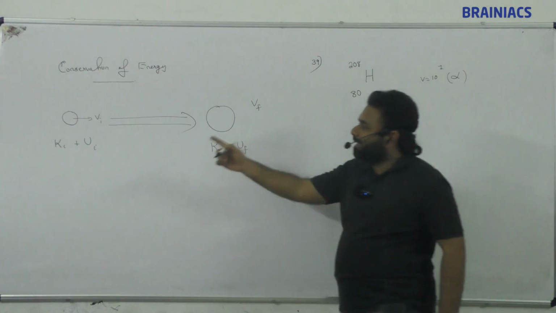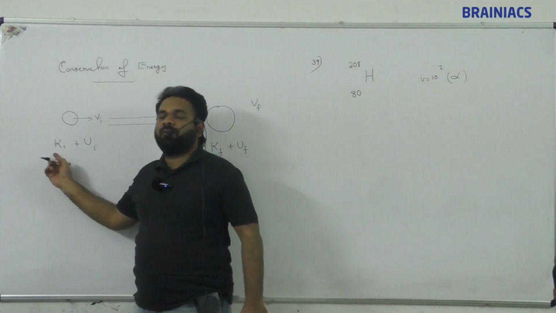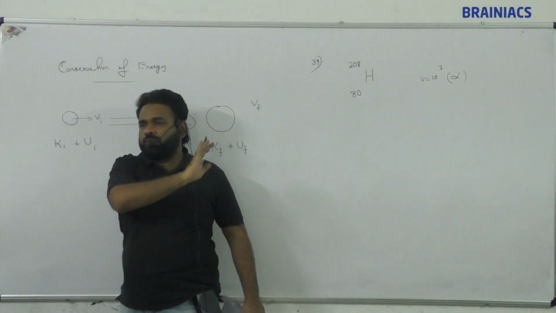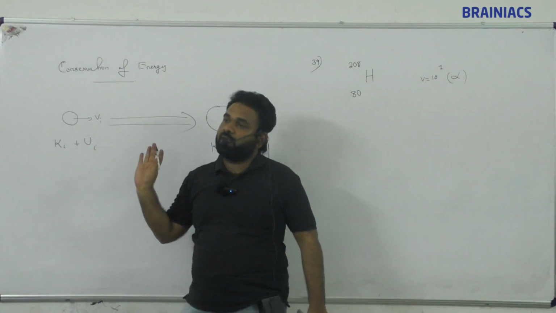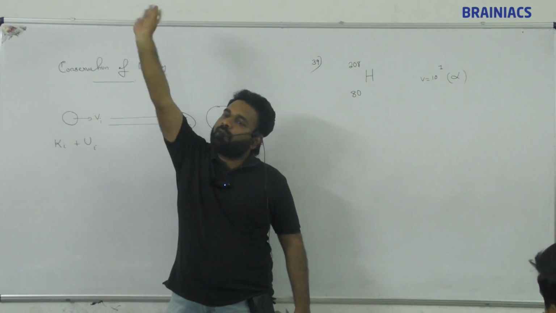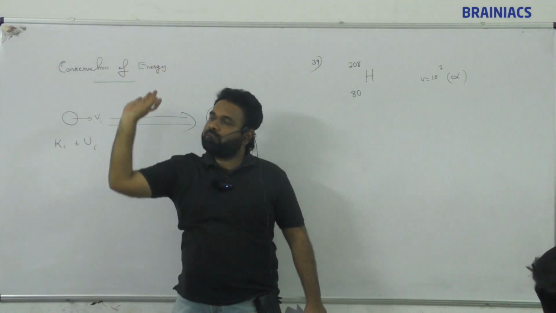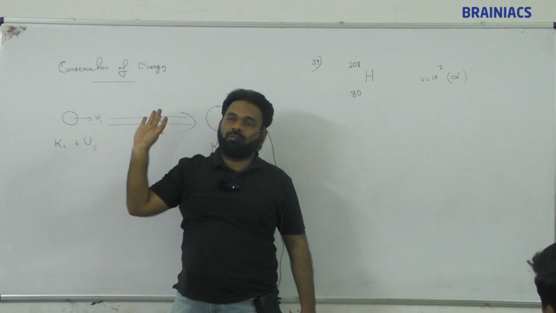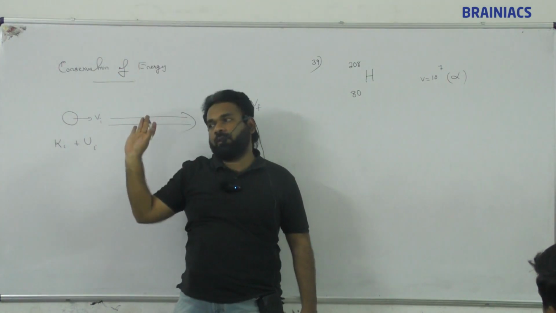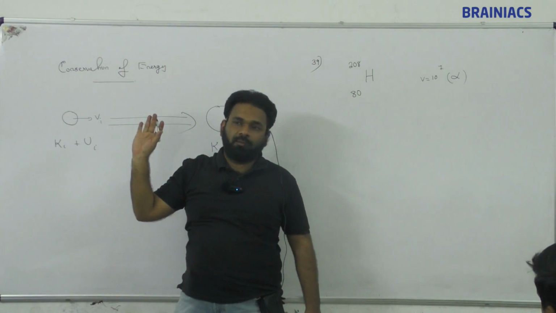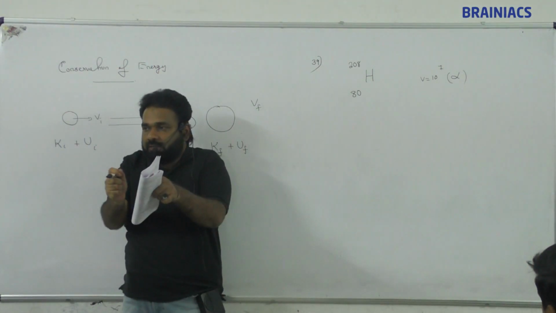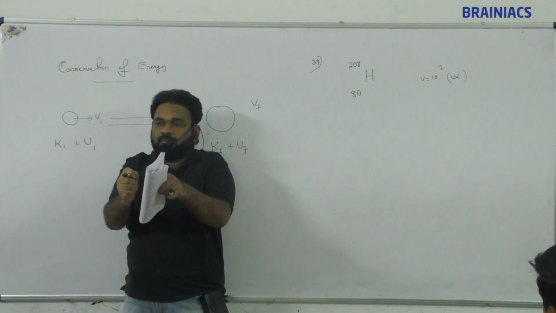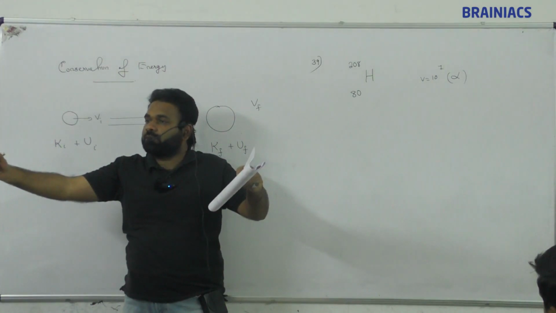So it will have a final kinetic energy plus a final potential energy also. Kinetic energy is half mv square, and as velocity changes, half mv square also changes. Potential energy can be due to height: this was the height, now this is the height. Initial potential energy, final potential energy, initial kinetic energy, final kinetic energy. Similarly with two charges: initial potential energy, then one is moved and the distance increases, final potential energy.